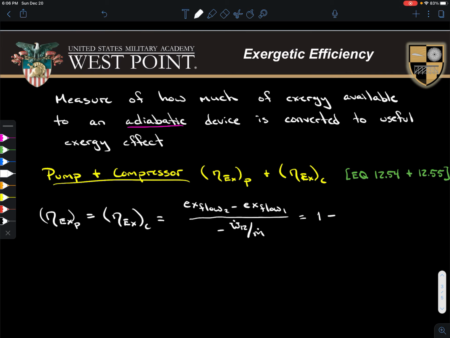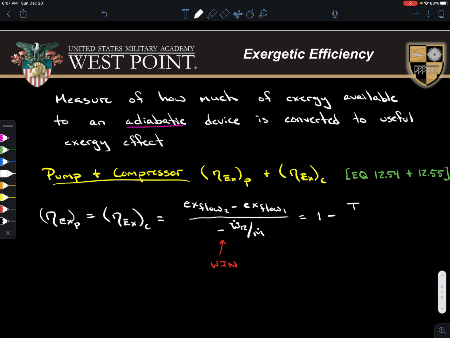So for a pump, it's going to need work into the system, work in negative. That's why we have that negative sign in the bottom, work in negative, right? Hip to win, work in negative. So the denominator actually becomes a positive term for a pump or a compressor. And in an idealized case, you have the exergy flow, which is in the numerator.